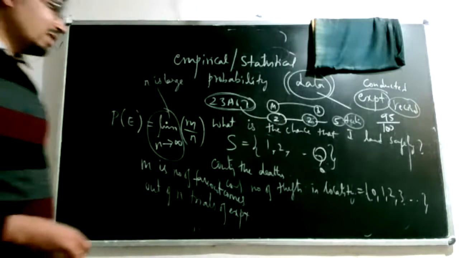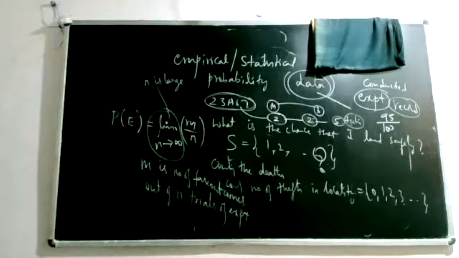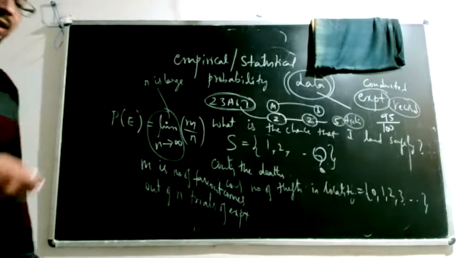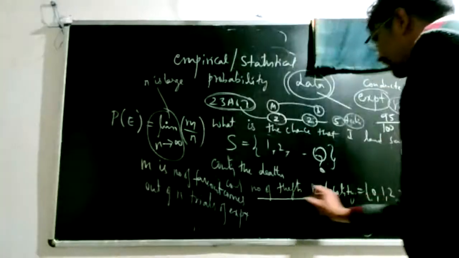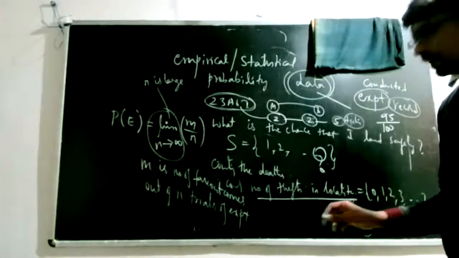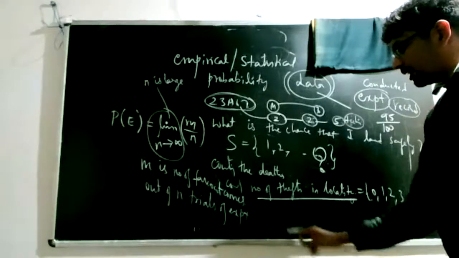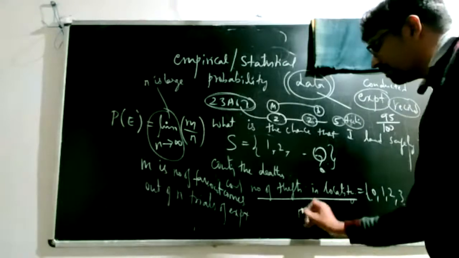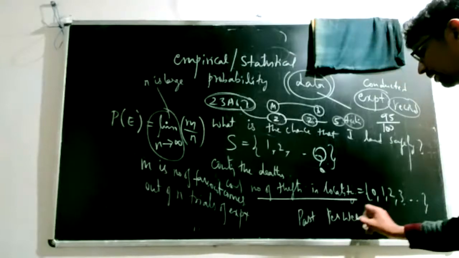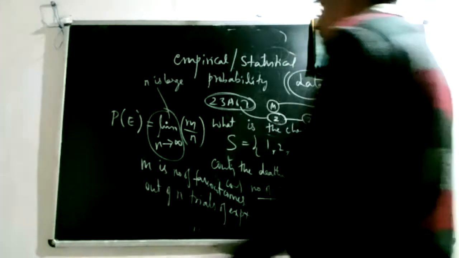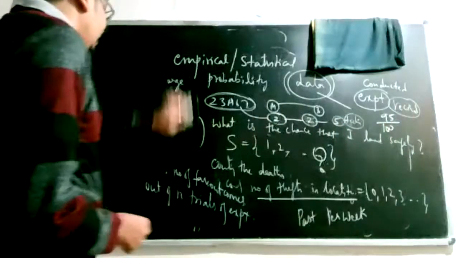Now coming to the case where you want to answer how many thefts will happen in the coming week in a particular locality. To answer that probability question, you already know how many thefts have happened in the past per week. So get the data: week 1, week 2, week 3.